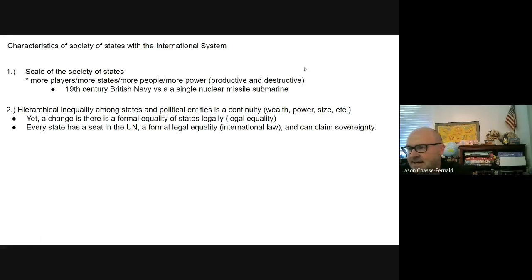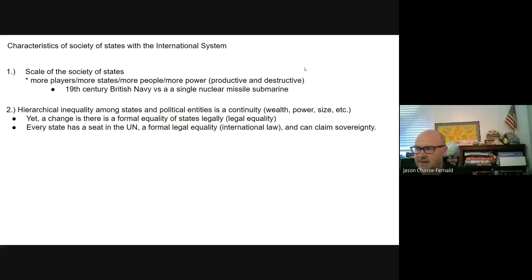There are differences in the amount of wealth states possess, the amount of power, whether you're talking about military power or soft power, the amount of resources, the population size, the physical size, et cetera. So there is inequality when discussing sovereign states.